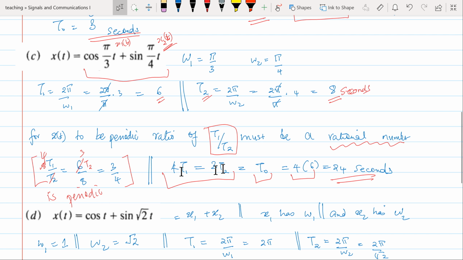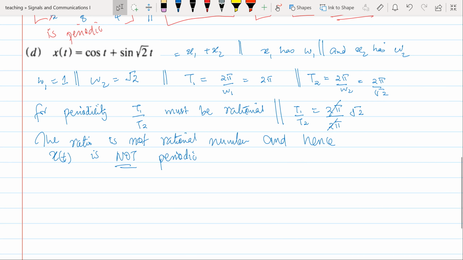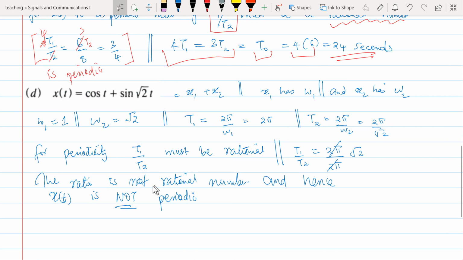So our last function D is expressed as a function of cosine and sine, and you can observe that the angular frequency of x1 is omega 1 and of x2 is omega 2. The coefficient of t in the first is 1, and therefore our omega 1 is equal to 1.